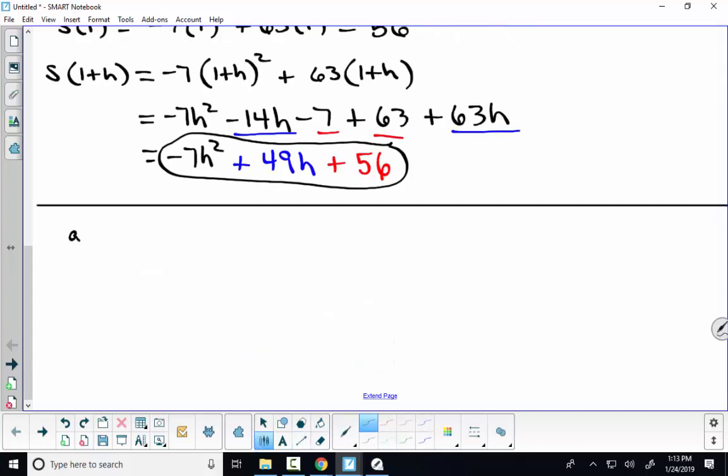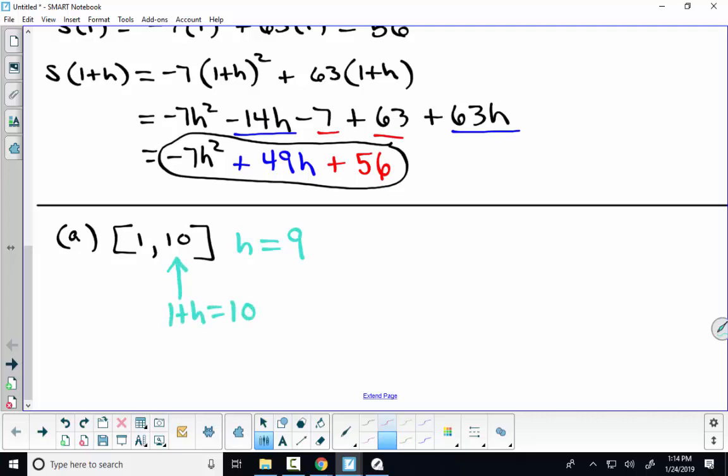So if we then revisit part A, where it's having us compute the average velocity on that interval, what's h equal to here? 9. Does everybody agree? H is 9. Because if this right here is 1 plus h, then h is equal to 9, right?